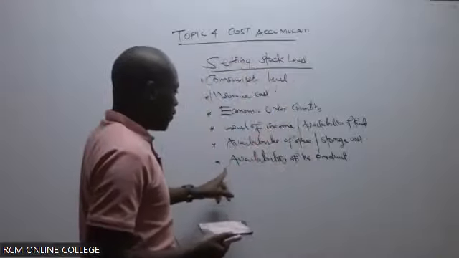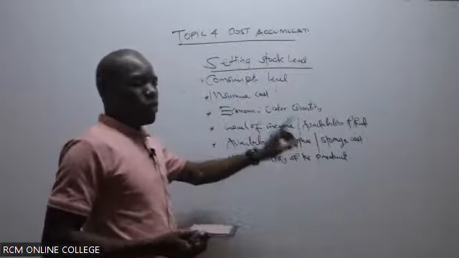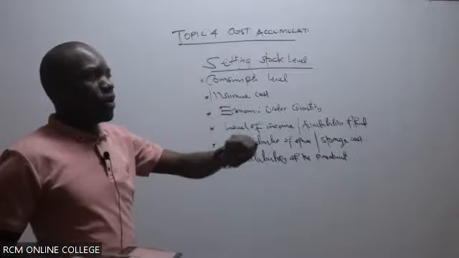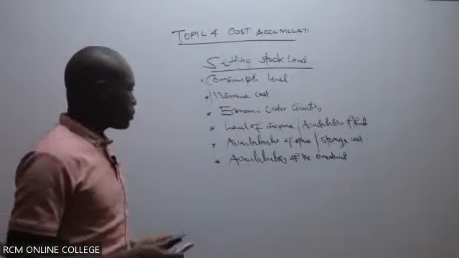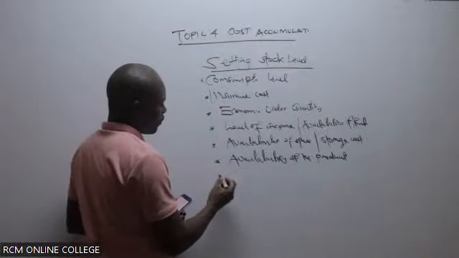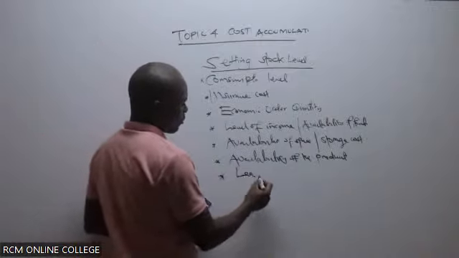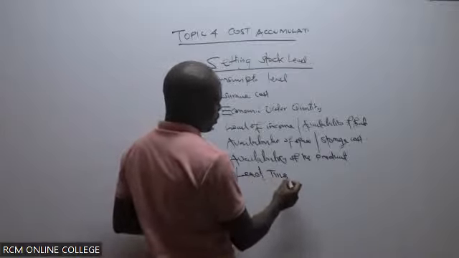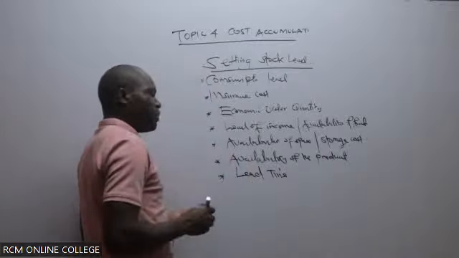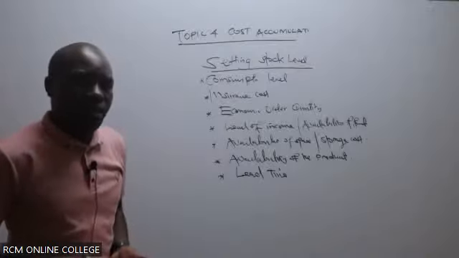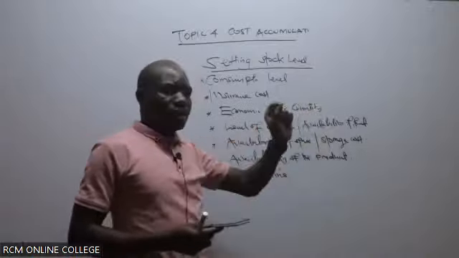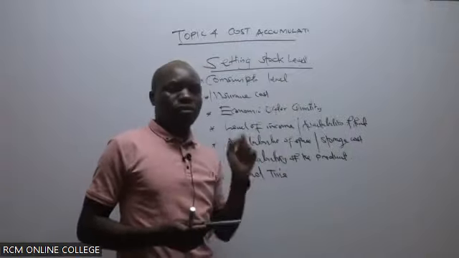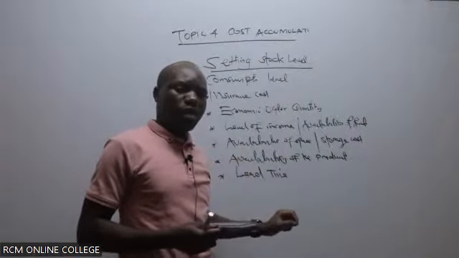So the availability of that material which you want to purchase will also determine the quantity you are going to purchase, or the level you are going to set. Again, we have what we call lead time. Lead time is the time taken between placing an order and receiving the goods.